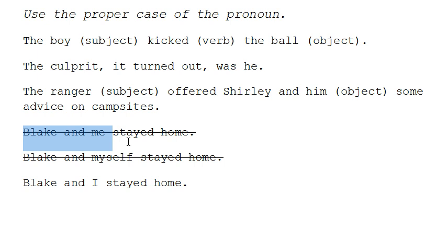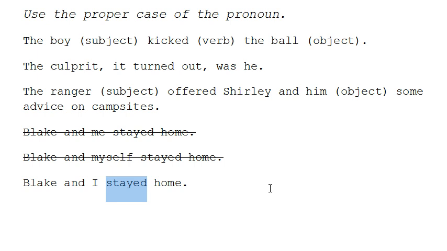It's quite clear here that the proper use would necessitate the use of the pronoun I. The correct sentence should be Blake and I stayed home, because Blake and I are to the left of the verb stayed, and thus they function as the subject of the sentence.